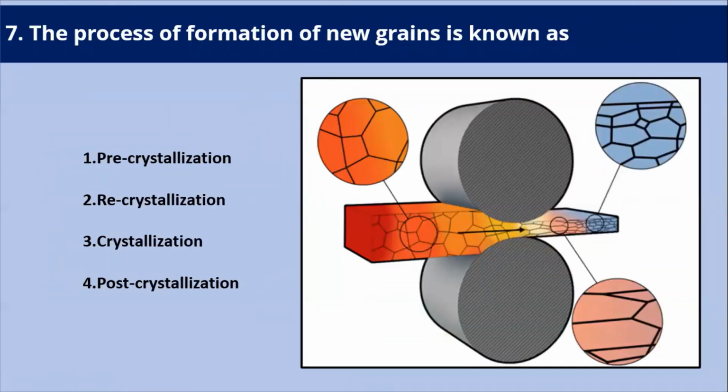Next question is, the process of formation of new grains is known as what? When you are generating new grains, it is called recrystallization. Okay. And recrystallization is a process by which the deformed grains are replaced by a new set of defect-free grains, and grow until the original grains have been entirely consumed.